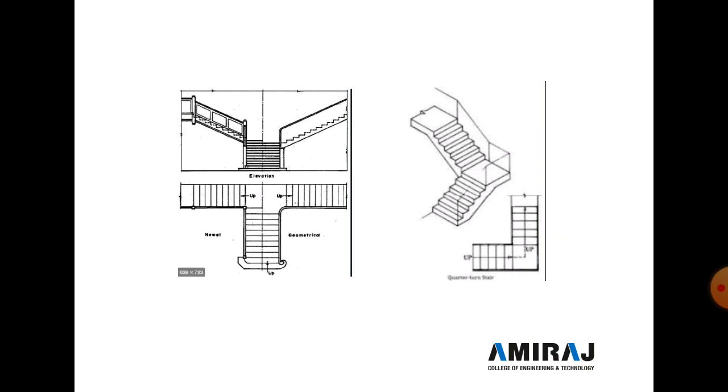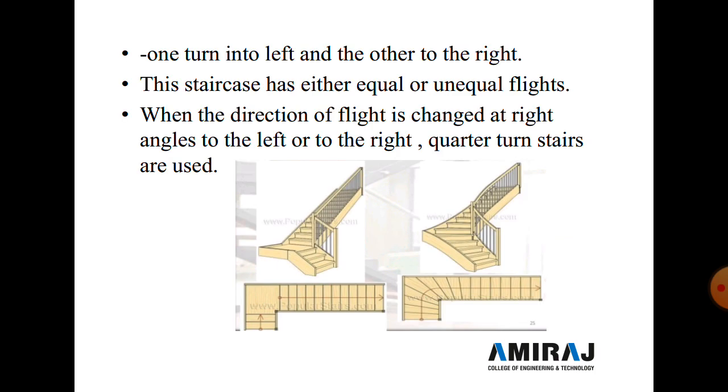This type of stair is generally used where the direction of the steps is changed. So we can easily change the direction of the steps. After the landing we change the direction, so it's called a quarter turn stair.